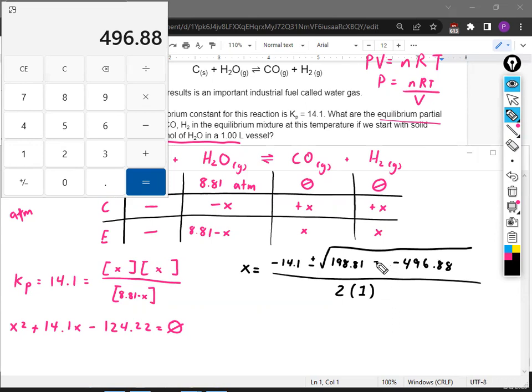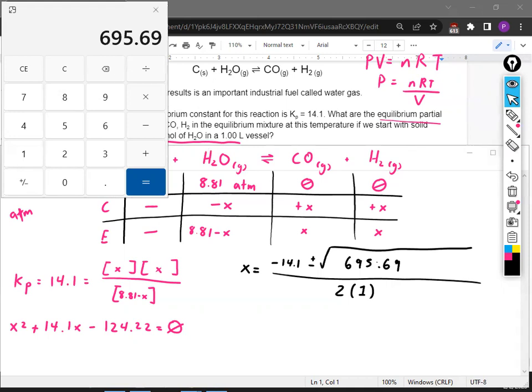Yeah. Okay, now we got a negative and a negative, which becomes a positive. So we're going to add these two values together. We're going to add 198.81 to that, and that's going to give you 695.69. Okay. And then we're going to find the square root of that.